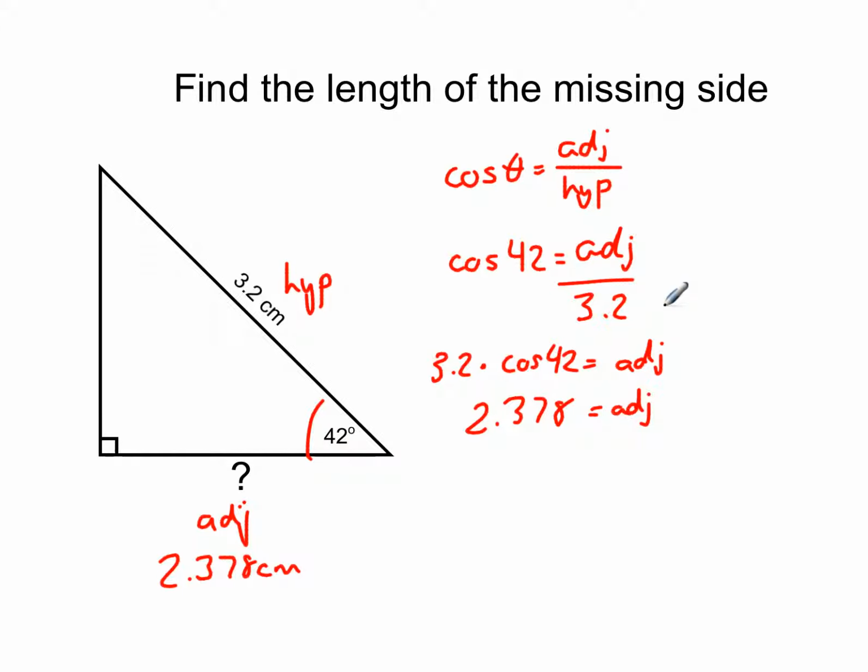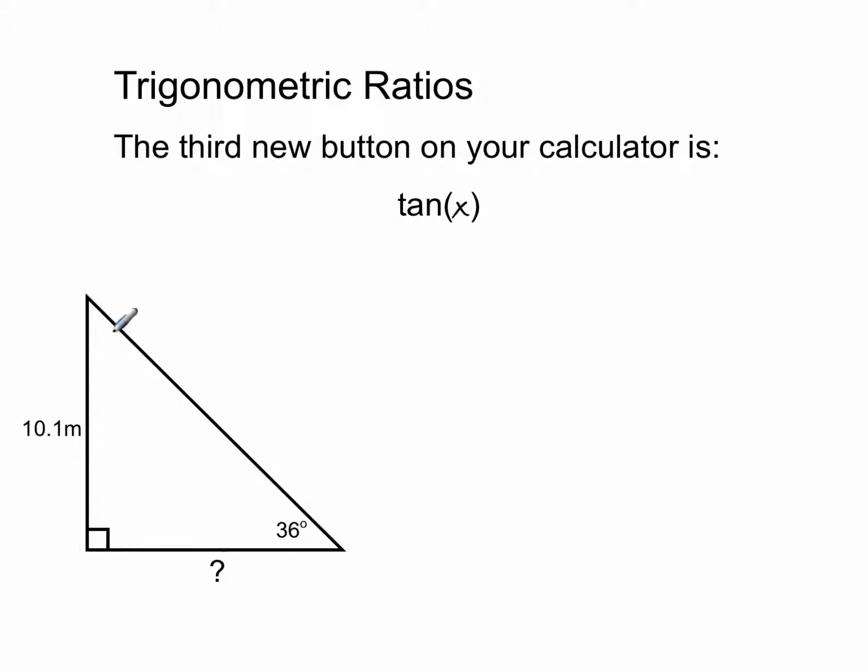And there you go. So we've done opposite over hypotenuse. We've done adjacent over hypotenuse. The only other combination is between the opposite side and the adjacent side, and that's exactly what our third trigonometric ratio is all about.